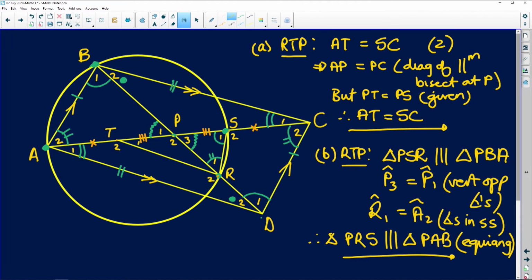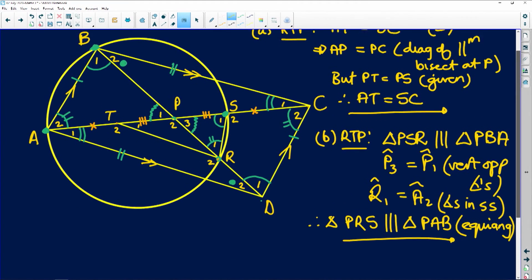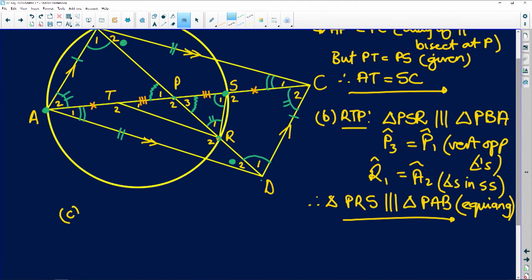They give us more information here, and they want us to use that information to prove something. Okay, so let me just go down a little bit. That's A, B, this is C. They tell us the following. They say given that PR over PA is equal to TR over AD, if that is the case, prove that.